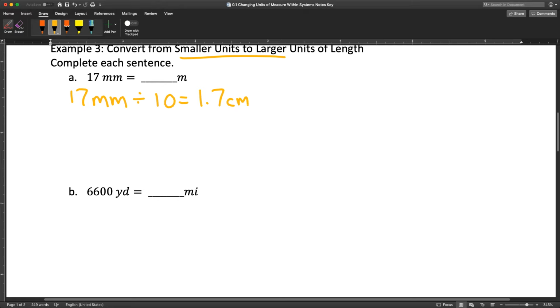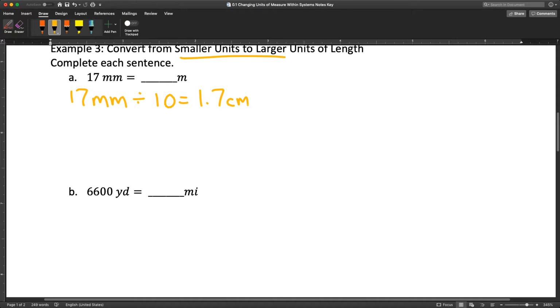I wanted my answer to be in meters. So I need to convert this from centimeters to meters now. Again, we're still going from a smaller unit to a larger unit, so we are going to divide. You should note that there are 100 centimeters in a meter.